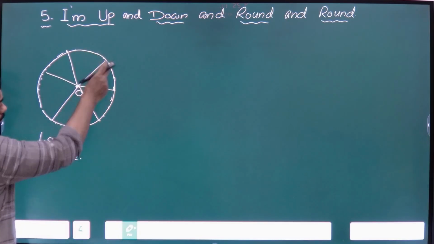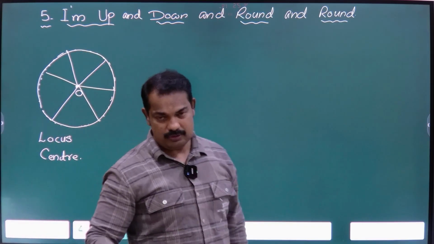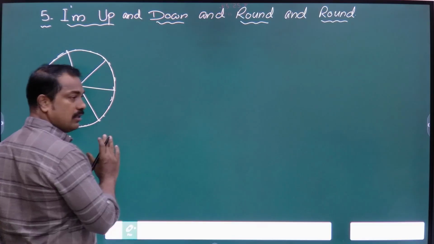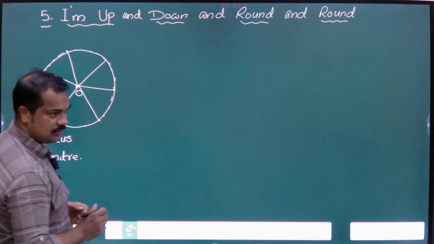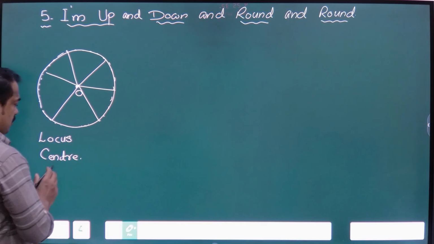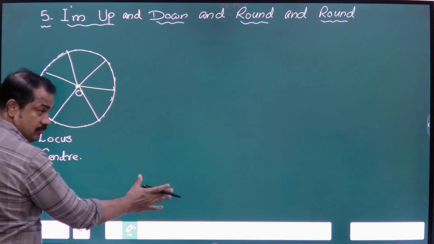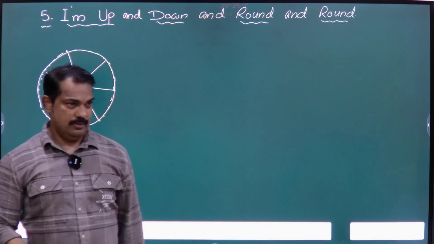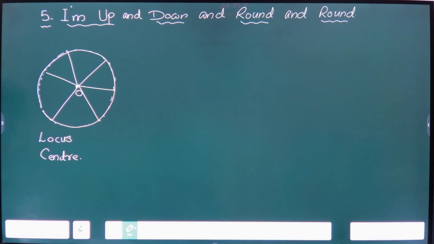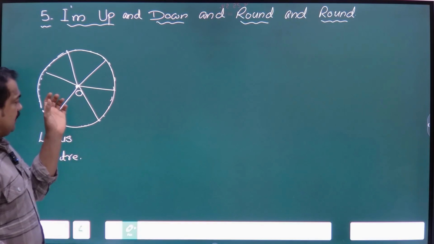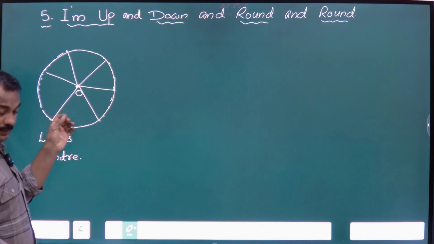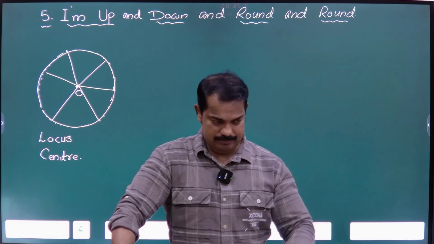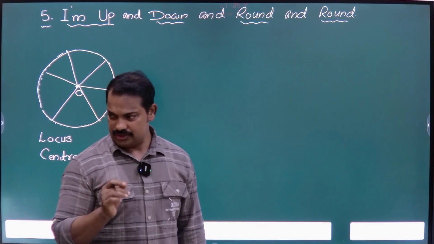Clear? The locus of the points that are equidistant from a given point is called a circle. What is a circle?